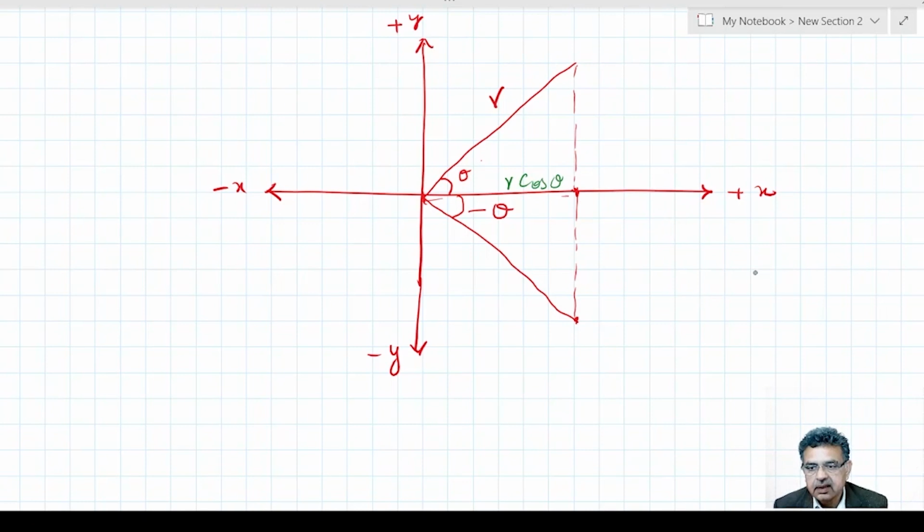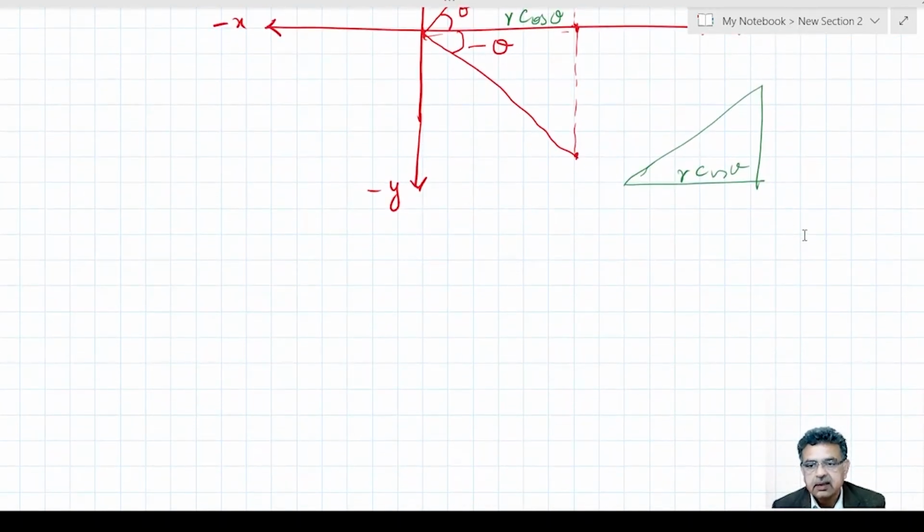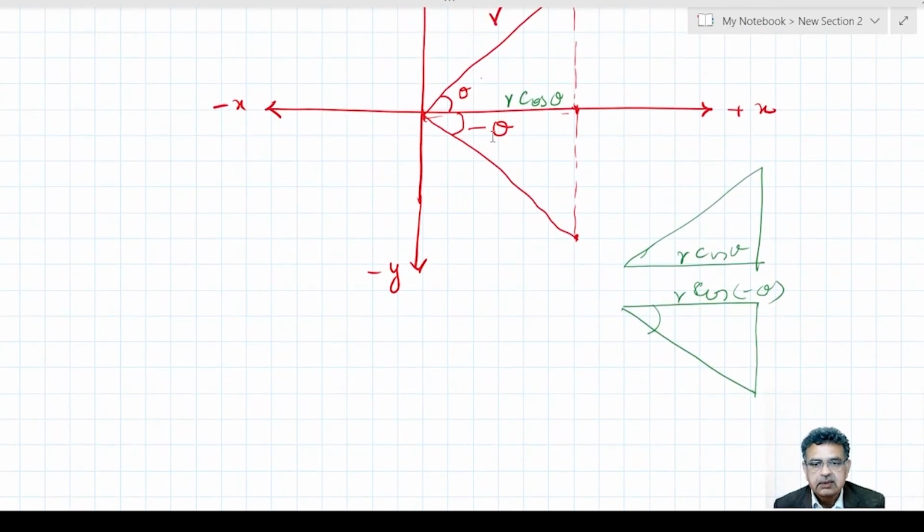If we consider this triangle upwards, this is r cos theta, and if we consider the triangle downwards, this length will be r cos minus theta. From the upper triangle this will be r cos theta. So this is the value of r cos theta or r cos minus theta.